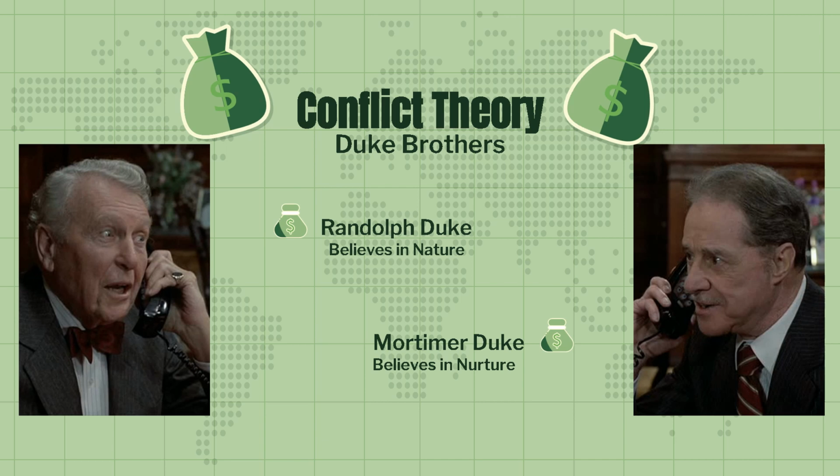The Duke brothers, Randolph Duke and Mortimer Duke, are not our main characters, but they're the first characters that we're introduced to, which I think is very appropriate because they drive a majority of all the change and all the social change that happens throughout the film.